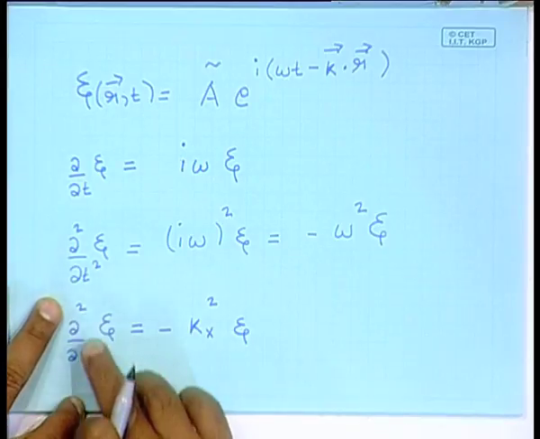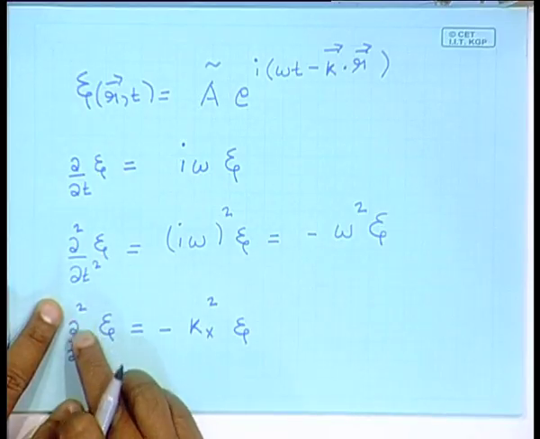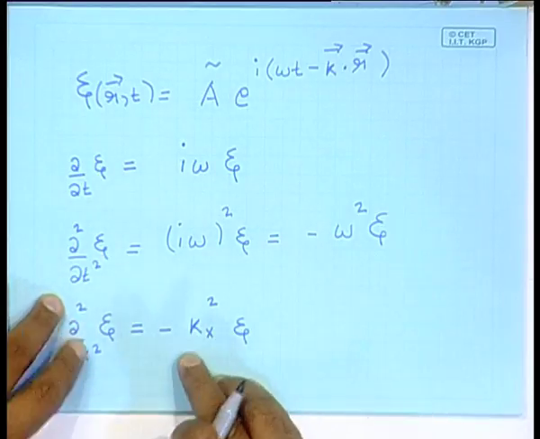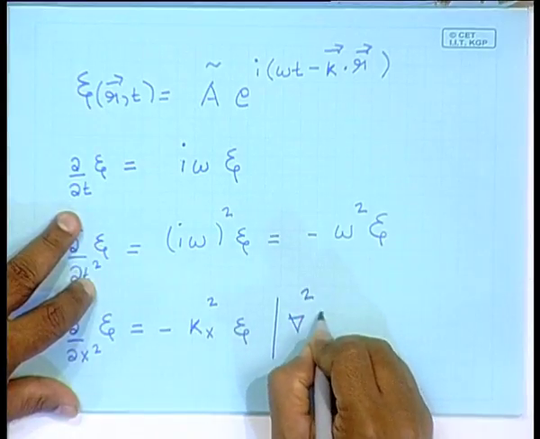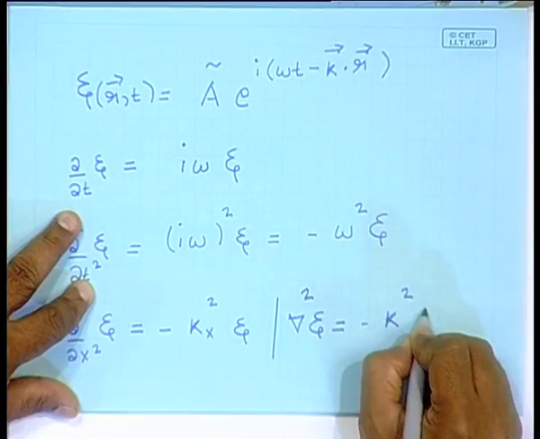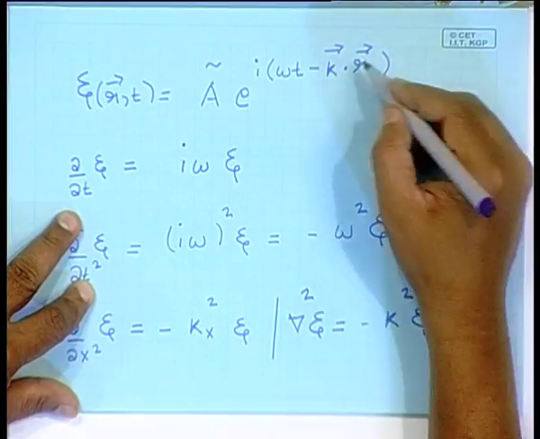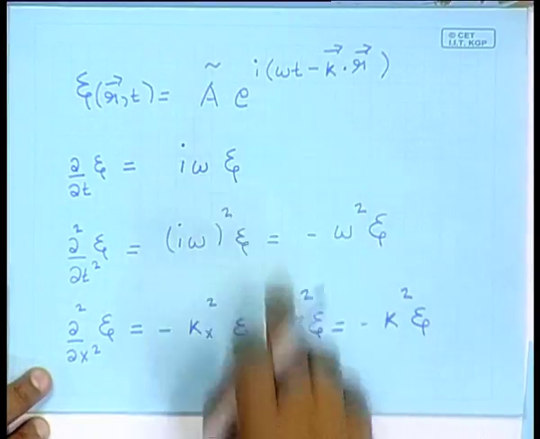Similarly, if I differentiate with respect to y twice, I will get ky squared. If I differentiate with respect to z, I will get kz squared. So, what we can say straight away is that the Laplacian of xi is going to be minus k squared xi, where k is the modulus of this wave vector. K squared is the wave vector dotted with itself.